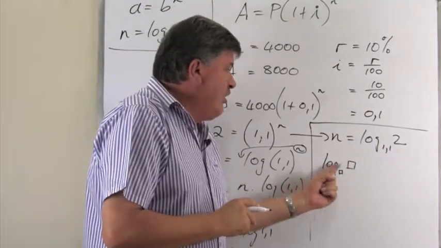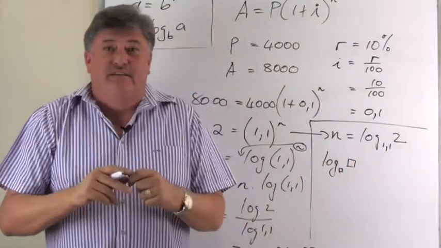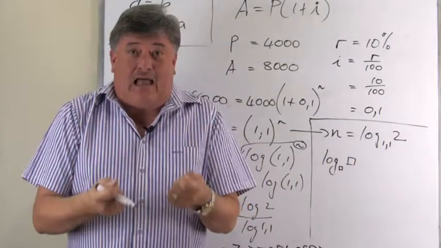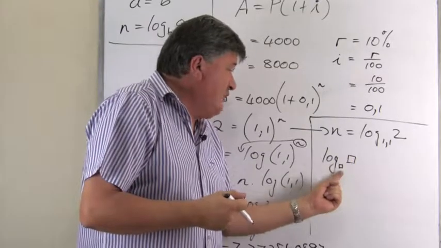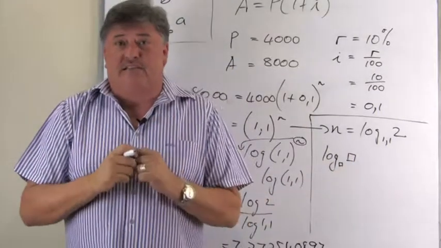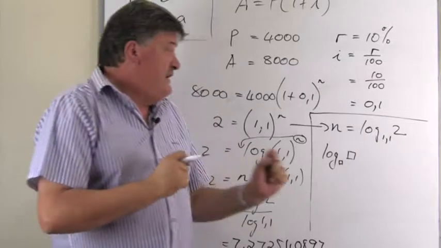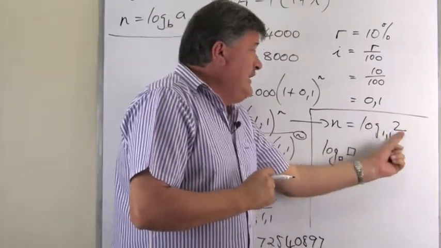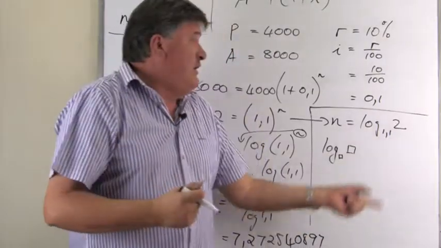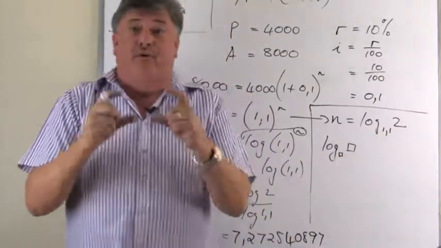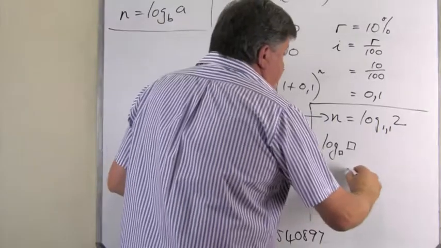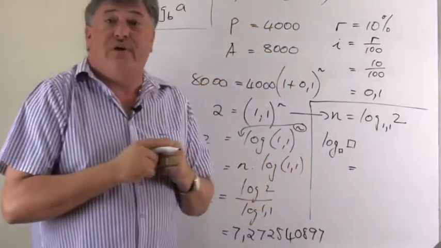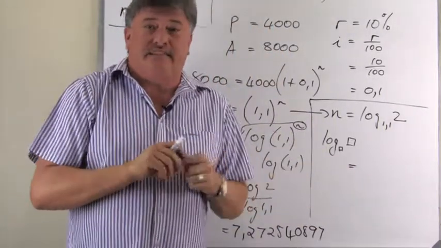So this means the log of what with a base of what. So we can now decide what the value is and what the base is. That is the button you must now use. So please push that log button, this one. Then you push the 2 for the value. Then you push the 1,1 for the base. And when you push your equal button, you will get the same answer.